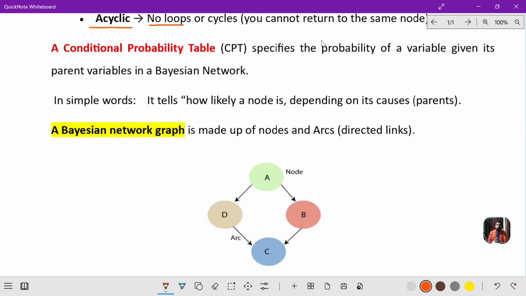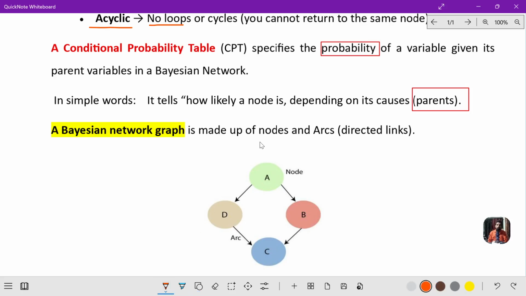So in simple words, how likely a node is depending on its causes. So simply how we can explain this conditional probability, how the child is depending on its parents.